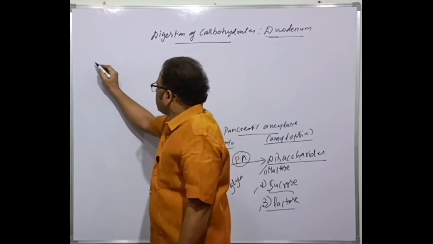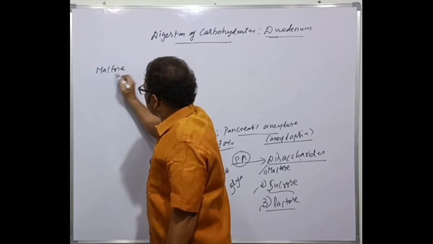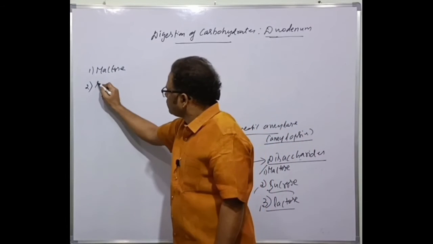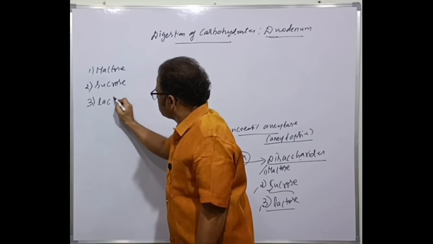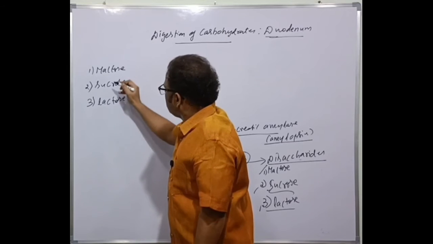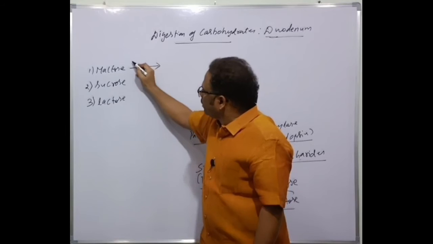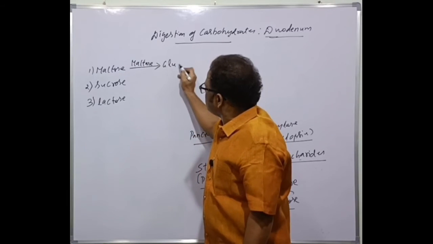So the disaccharides are maltose, number one; sucrose, number two; and lactose, number three. Maltose is broken down in the presence of maltase into two molecules of glucose.